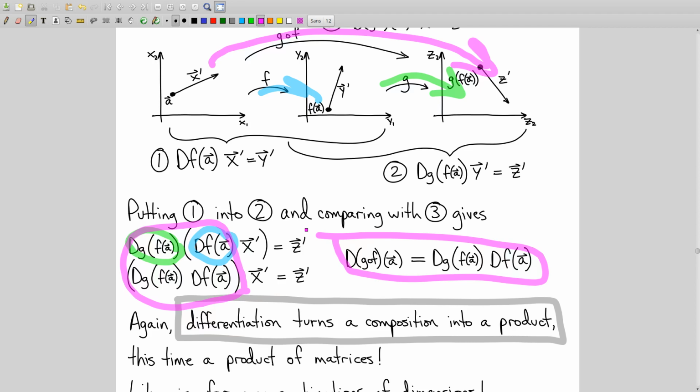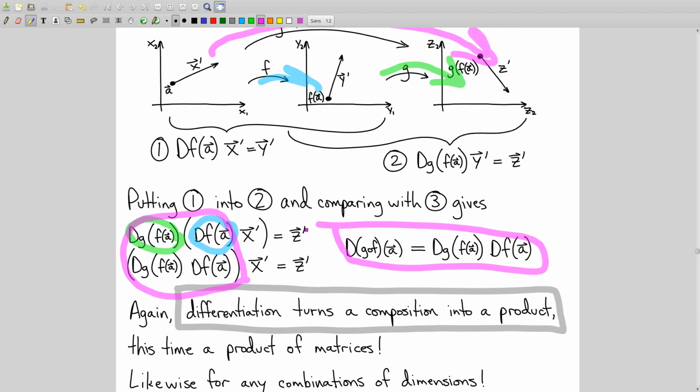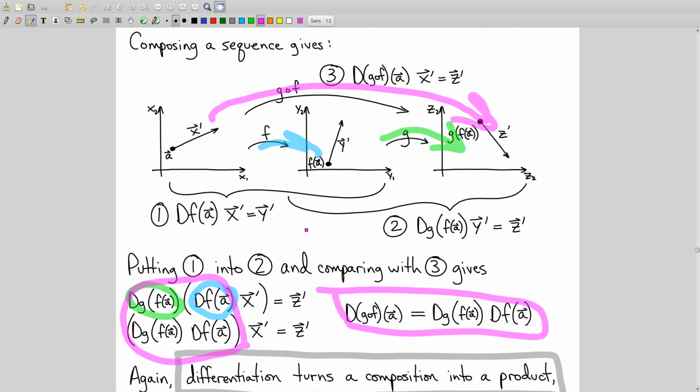Okay. Now, in this picture that we're looking at, I drew the picture here for functions that have, let's see here, 2 dimensions, and then 2 dimensions, and then 2 dimensions. How does that change if, let's say in the y space, that was 3-dimensional? How does that change the argument?